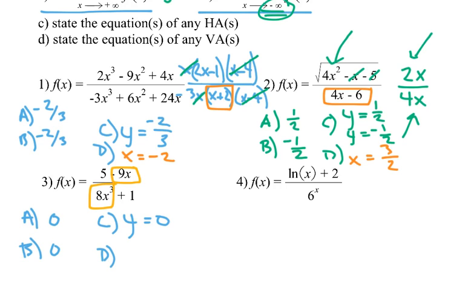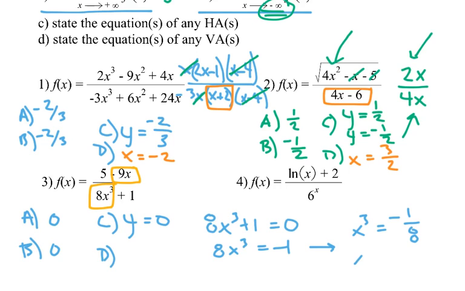the vertical asymptotes, you're going to get from solving this equation, setting 8x cubed plus 1 equal to 0. And so we get 8x cubed equals negative 1, and moving on from that, x cubed equals negative 1/8. And if you take the cube root of that, x equals negative 1/8 to the 1/3 power.